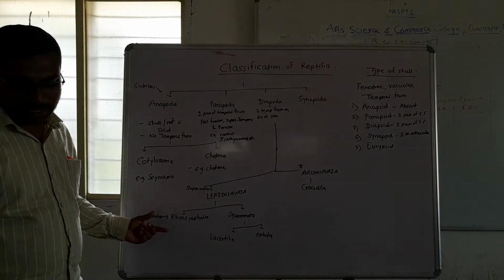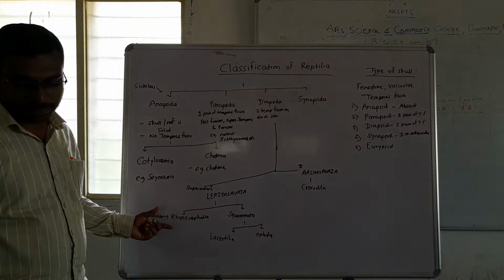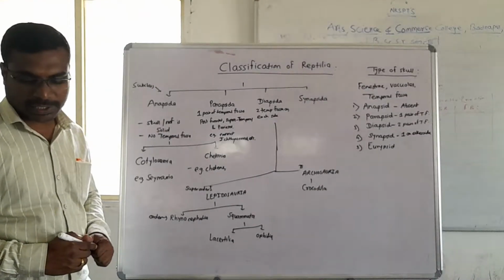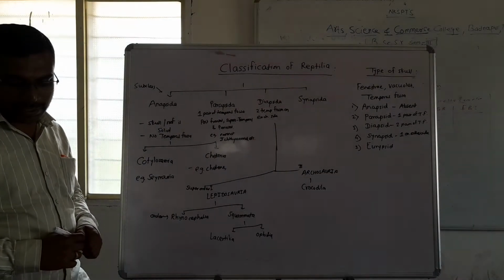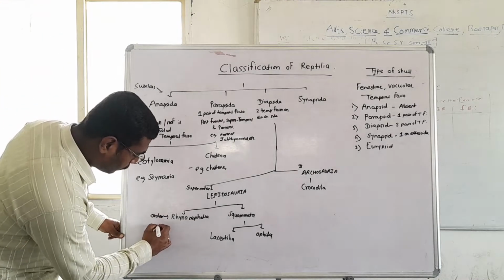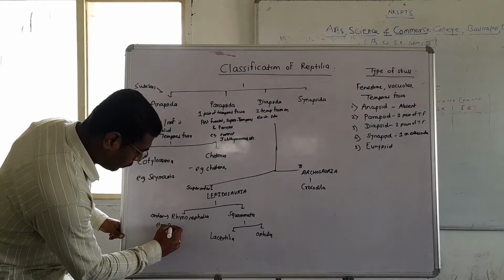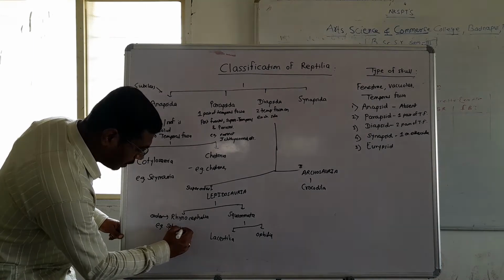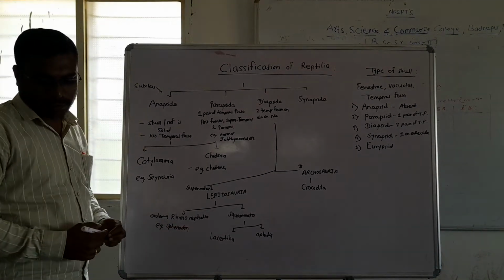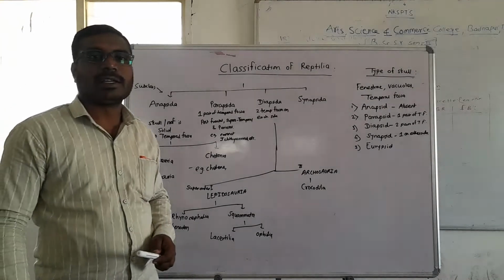Parietal foramen is present. Vertebrae are amphicoelous type. Example is Sphenodon.